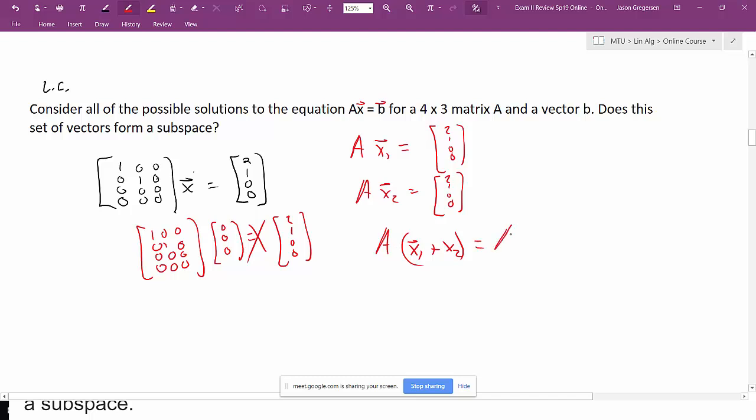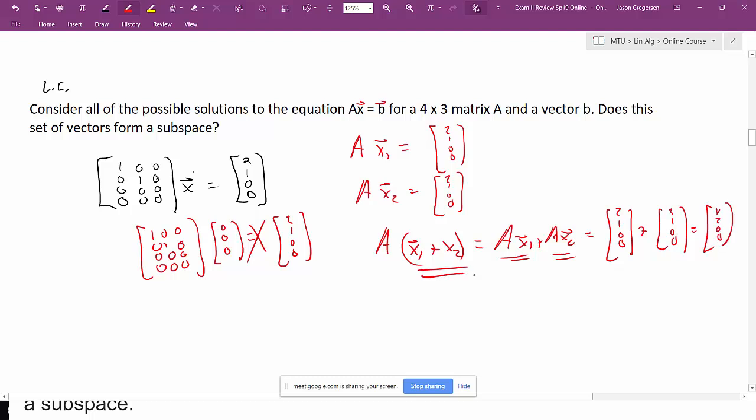If I distribute that a, I would get this. But this is 2, 1, 0, 0, and that is 2, 1, 0, 0. So altogether it's 4, 2, 0, 0, which means this is not a solution. It's not a value I multiply by a to get to 2, 1, 0, 0. So this would not be closed under vector addition. So in general, the set of all solutions to Ax equals b is not a vector space.